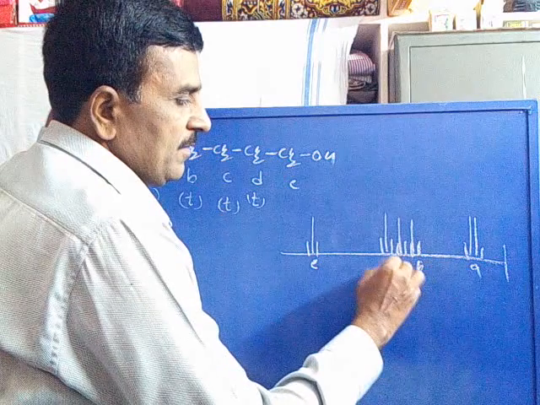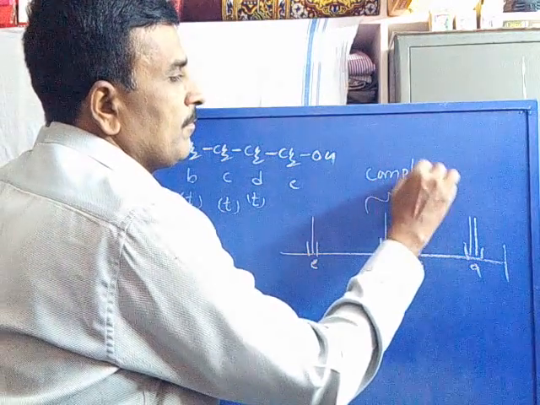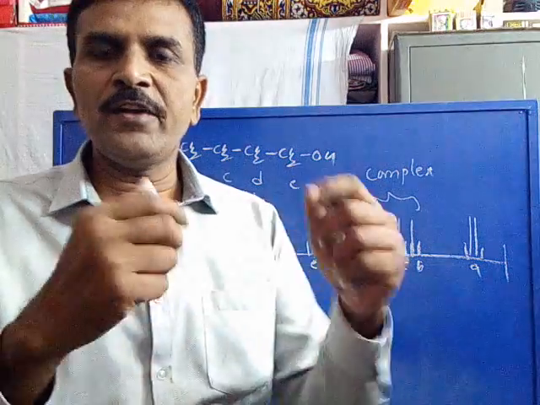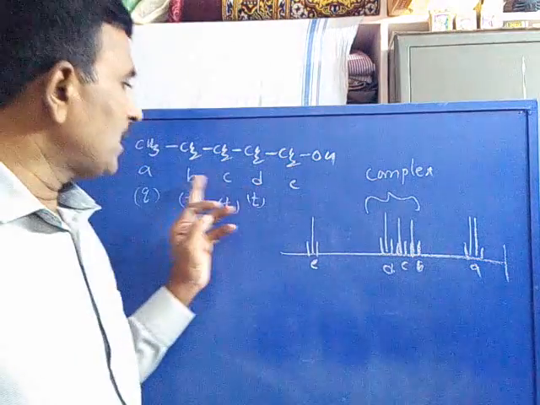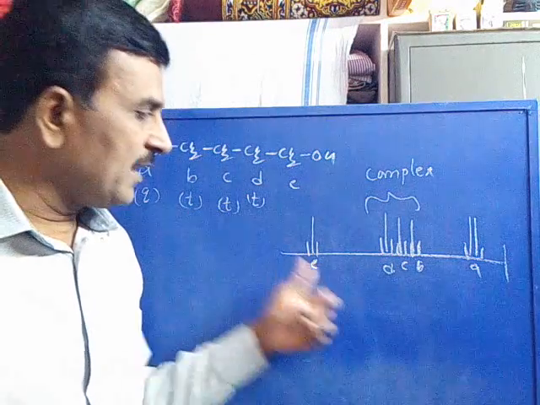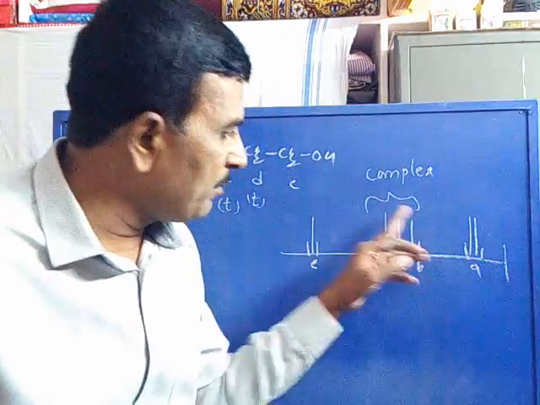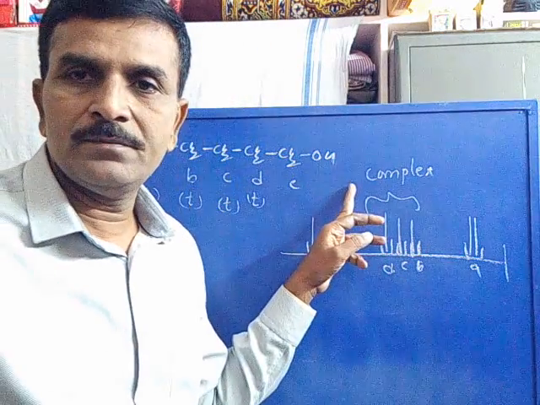B, C, D become complex. Because of the low frequency difference between B carbon, C carbon, D carbon, their triplet multiplicity lines get overlapped, and the middle portion of the spectrum becomes complex.